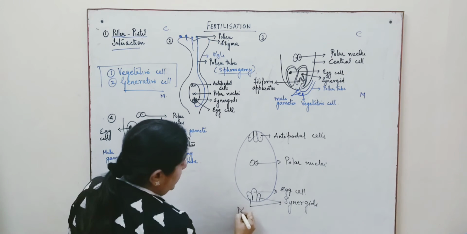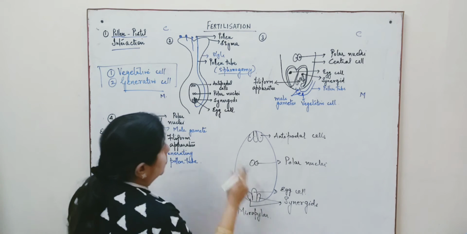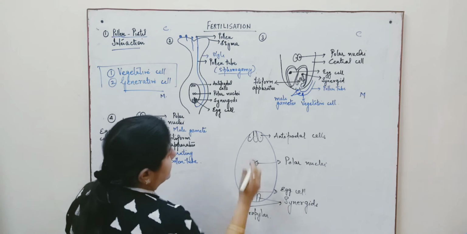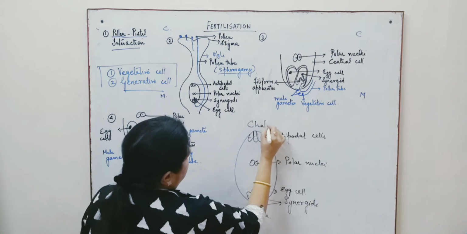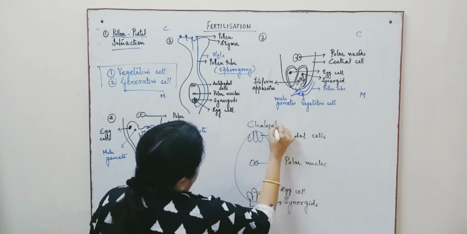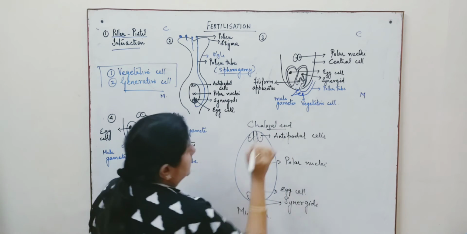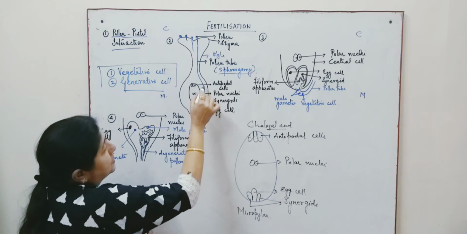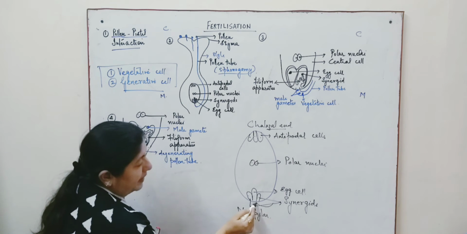This is the micropylar end, the end by which the pollen tube will enter, and this is the chalazal end. Now the tube has entered from the micropylar end.